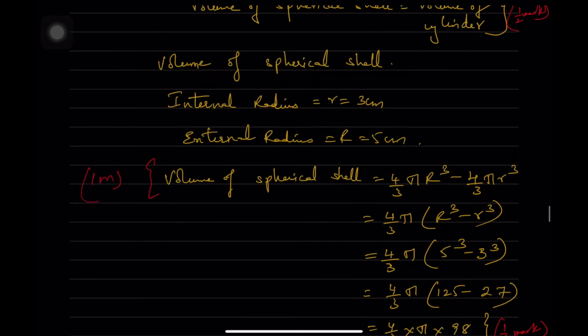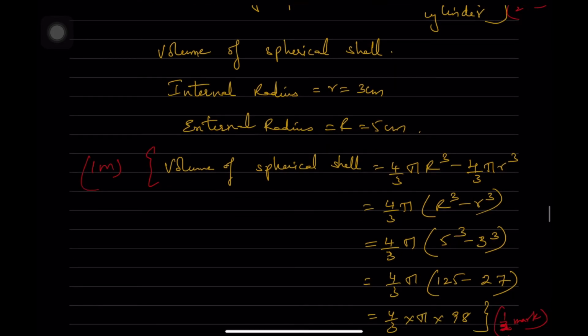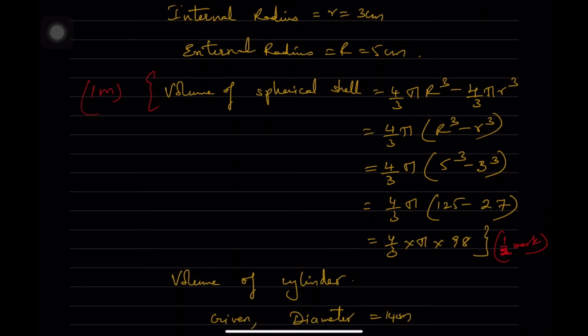So volume of spherical shell is equal to 4 by 3 pi capital R cube minus 4 by 3 pi small r cube, which is equal to 4 by 3 pi into R cube minus r cube. So you are getting the answer for this as 4 by 3 pi into 125 minus 27, which is equal to 4 by 3 into pi into 98.